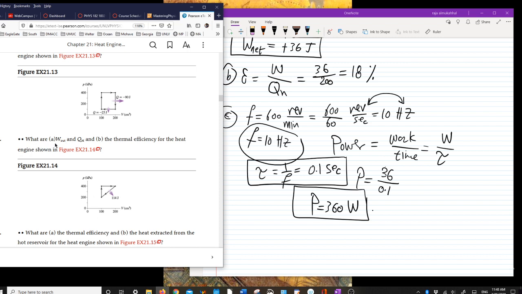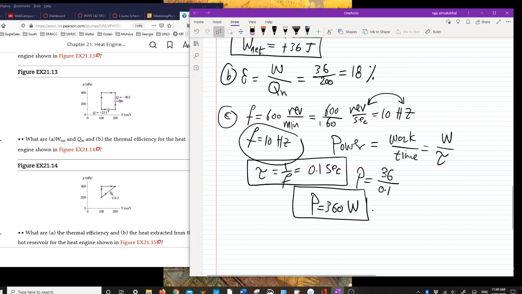He wants the work output. Out means output. And how much heat enters the engine. You want to calculate that, and the thermal efficiency. Now, when you see something like this, an arrow coming out, most likely it is QC, in other words, heat extracted from the system. The Q sub C, most likely.